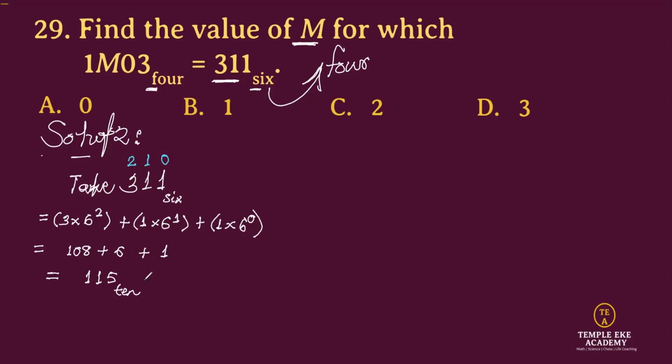The second phase of the solution, we're going to convert 115 in base 10 back to base 4 to match the left-hand side. So converting to base 4 is done by a long division process. And there is nothing really long about it. So we have 115, base 10.